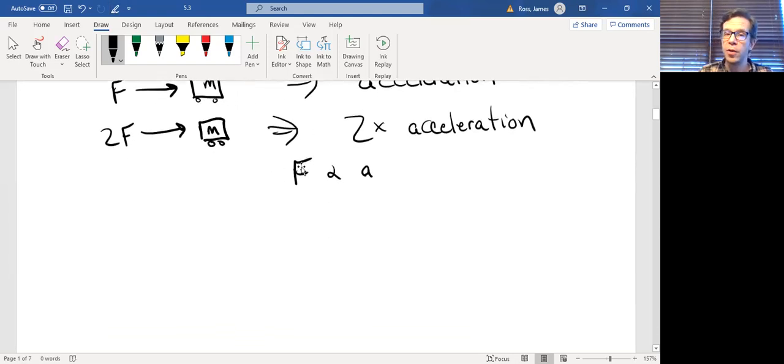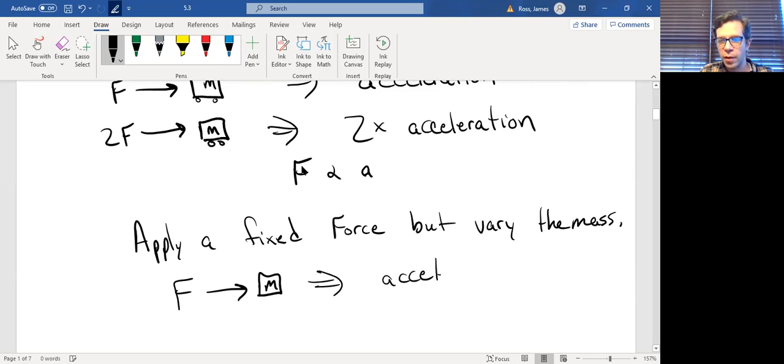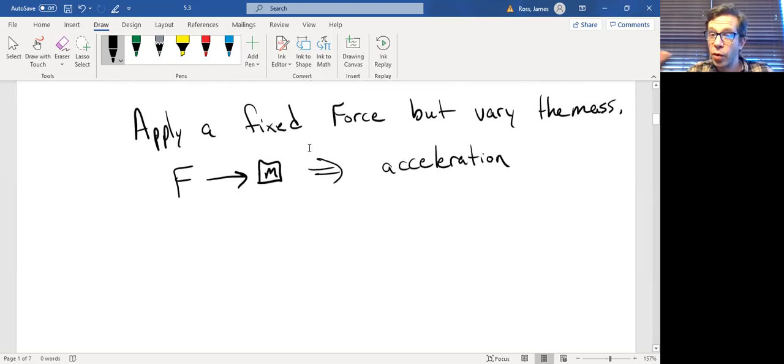Now you make a similar experiment where, instead of varying the force, now vary the mass. So apply a fixed force, but vary the mass. So again, if we have that force applied to some mass and we observe some acceleration, now let's double the mass.